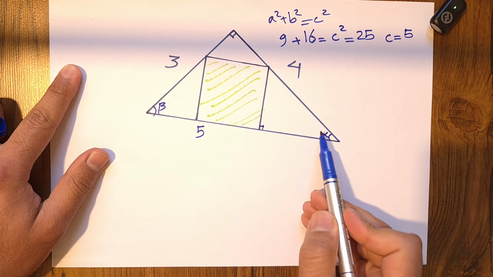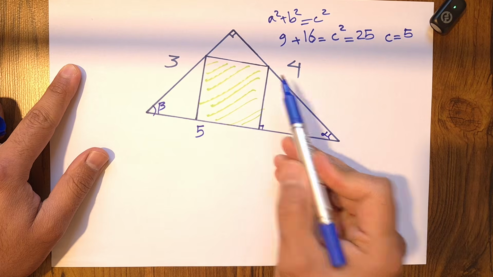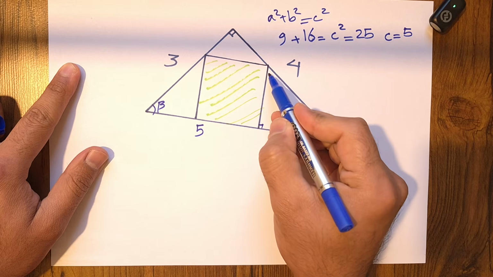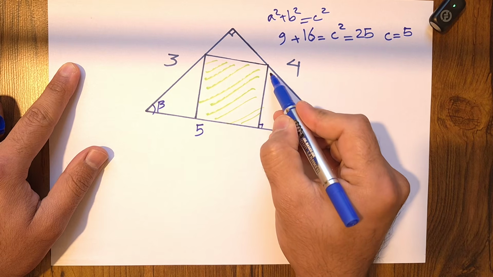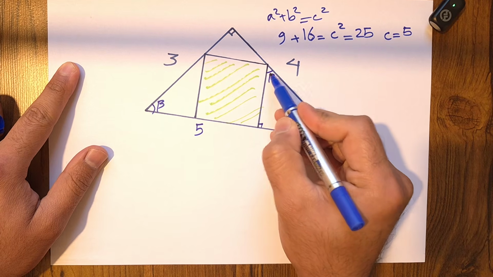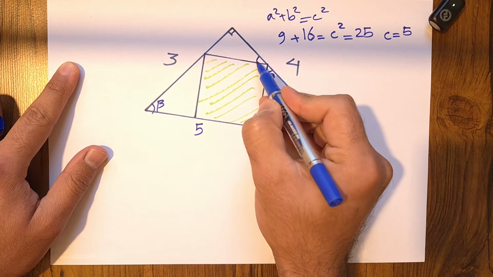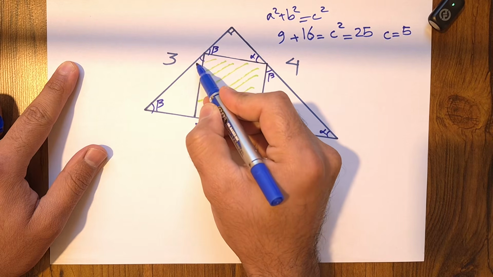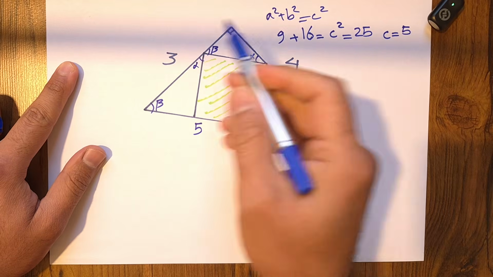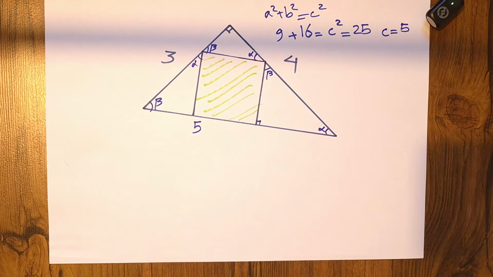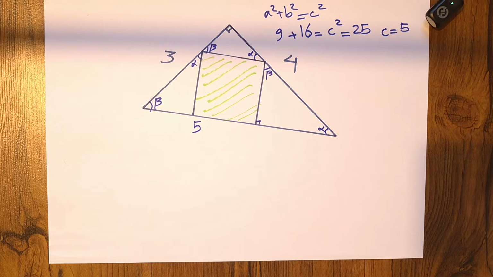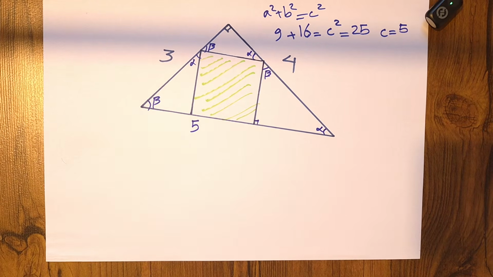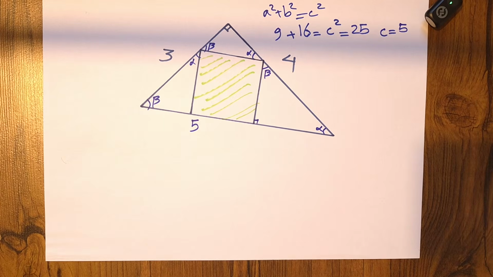And in this little triangle, alpha plus something must equal 90 degrees, but we assume that alpha plus beta equals 90 degrees, so this is beta. If this is beta, then this is alpha, then this is beta, and so on. So all these little triangles and the big triangle are similar. It means that you can write down these relationships and the proportions based on the corresponding sides.